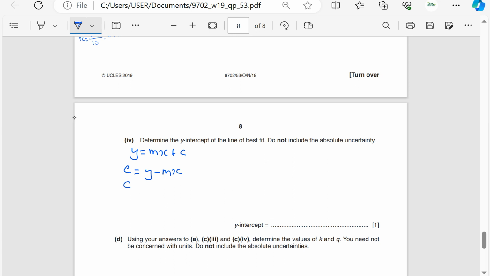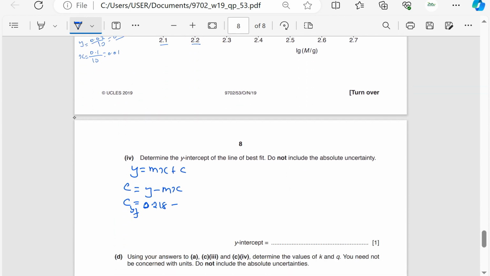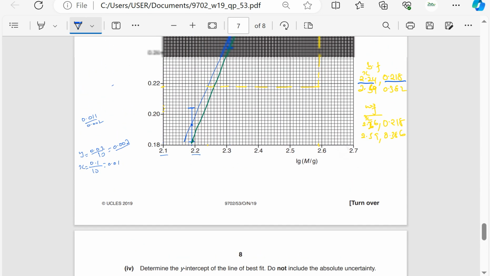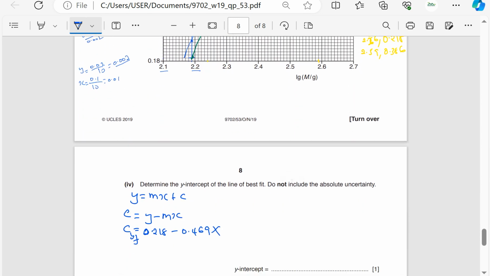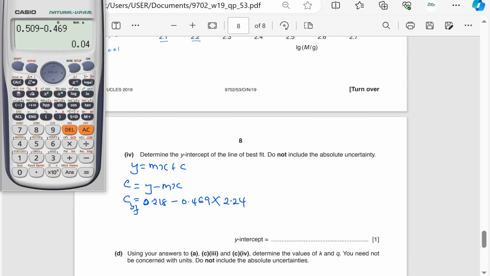So c for the best fit is 0.218 minus the gradient 0.469 times the x value, 2.24.